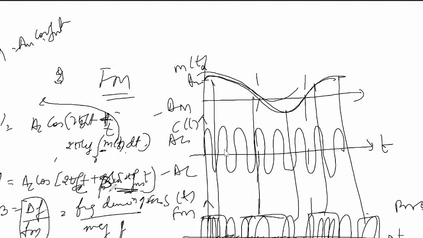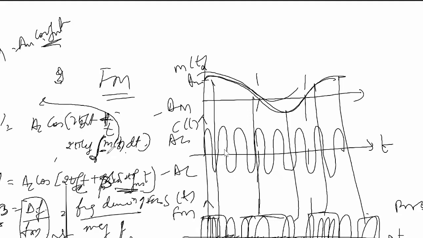So you will get kf into Am sin(2π fm t) divided by fm. This kf into Am is called Δf, and in the denominator you have fm. So the ratio of Δf by fm is called beta, the modulation index, and cos has become sine because you are integrating.